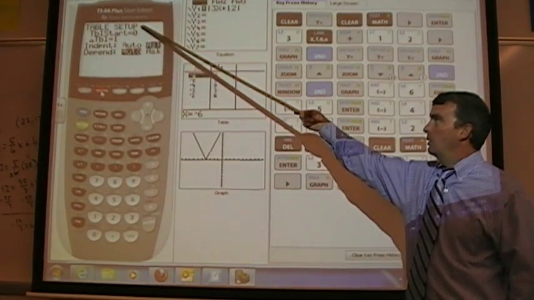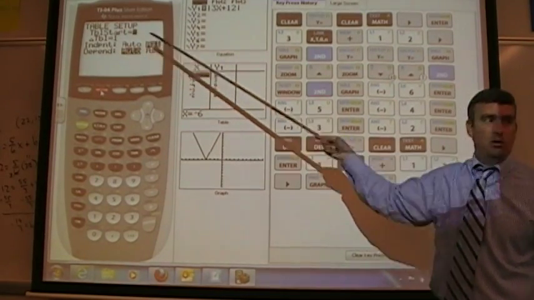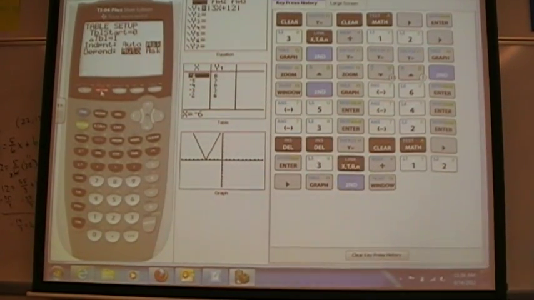I don't care what you have here, here, or here. Just make sure your independent variable is set to ask. If it's on auto, go down using the arrow button, move over to ask, and hit enter. So ask is highlighted.